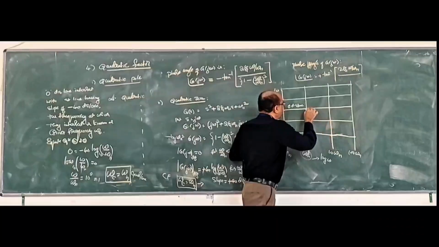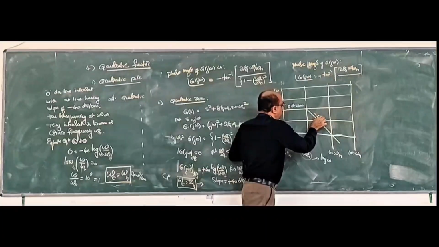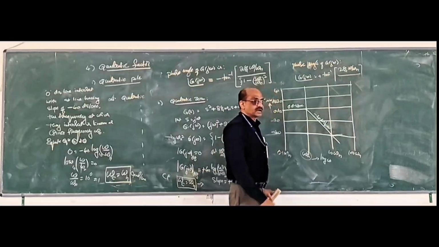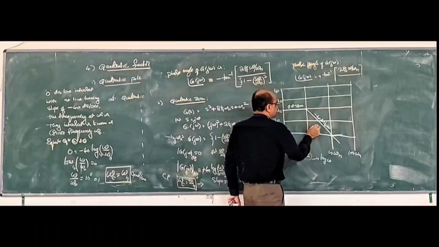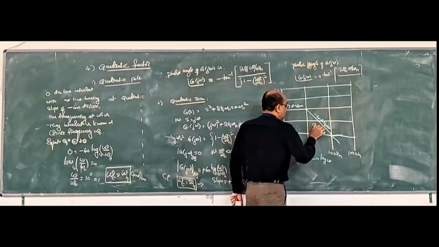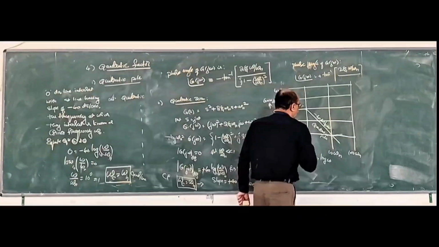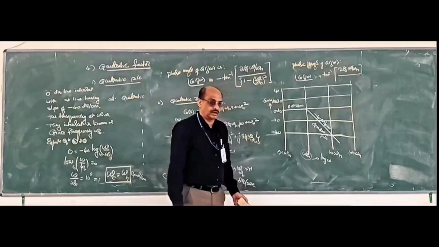Mark a point, and if you join this, I get a minus 40 dB per decade slope. Both together correspond to a quadratic pole. So this is a quadratic pole.